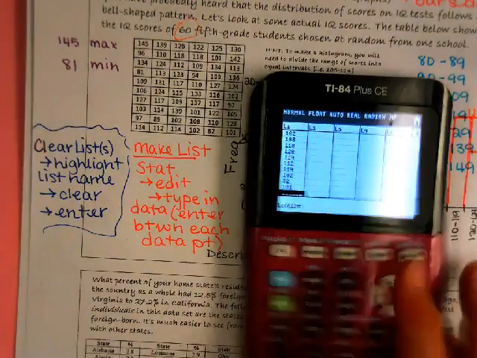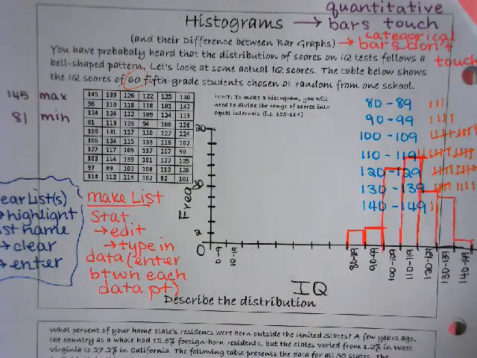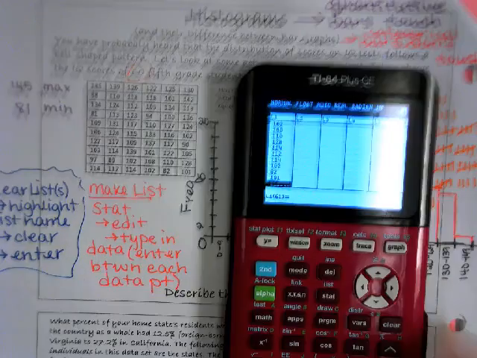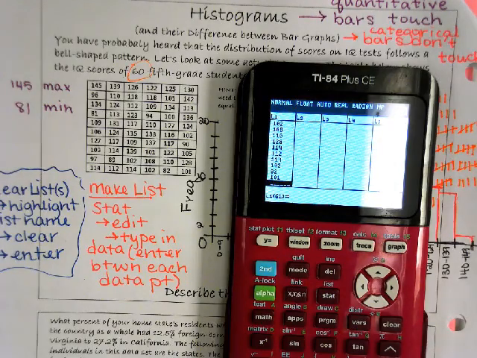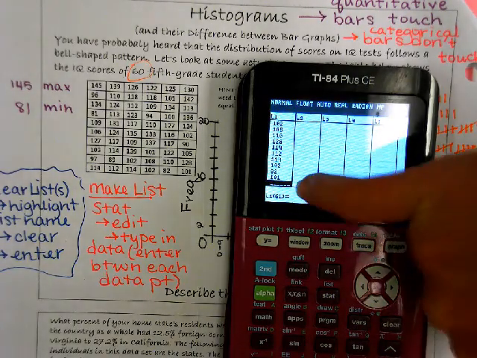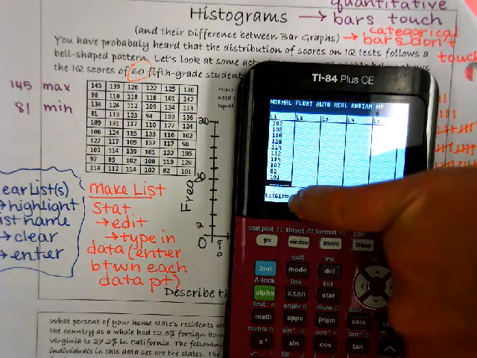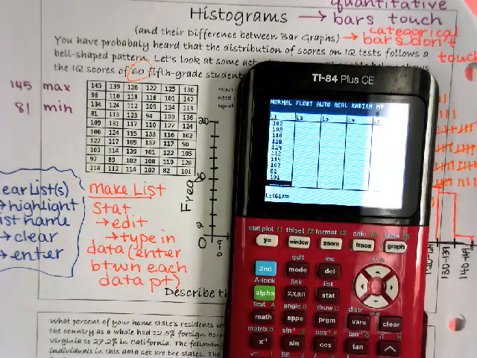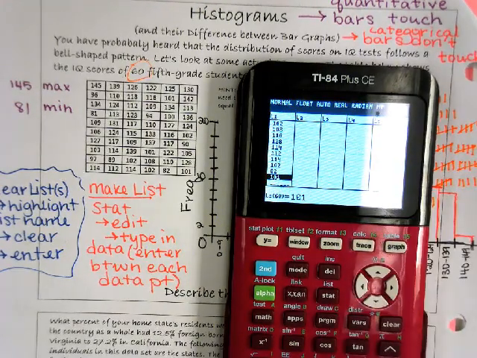So notice after I put in my last piece of data, I hit enter and it took me down to a blank cell. If I look down here, it says list 1, it would be my 61st entry. So I know I got all 60 pieces of data. If I highlight the last piece of data, it tells me it's list 160. So it's the 60th piece of information I entered.